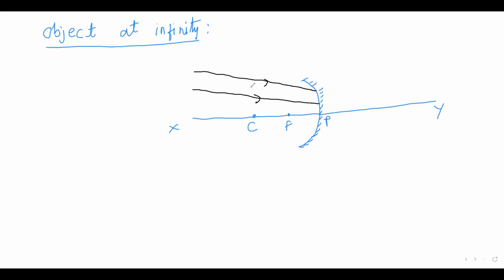Image will be forming at focus. Understood? They will be meeting at focus, not exactly at focus, just below the focus. So you will get point size image at focus, highly diminished image at focus.